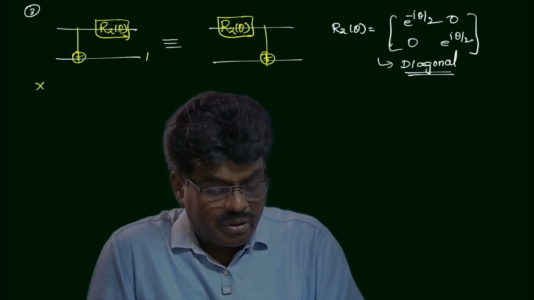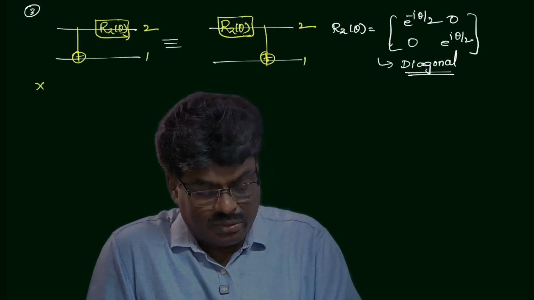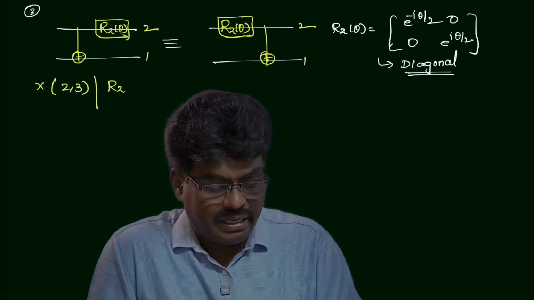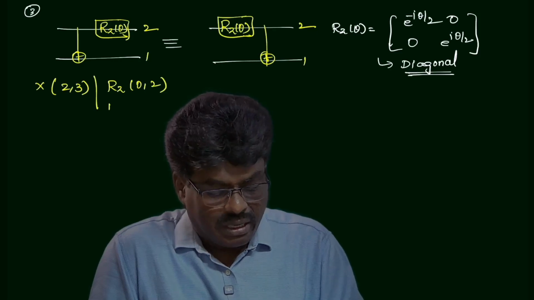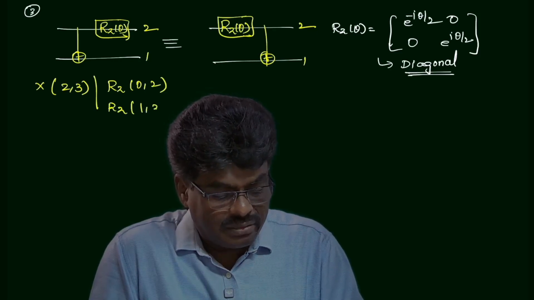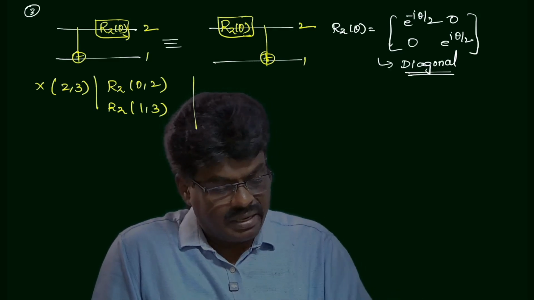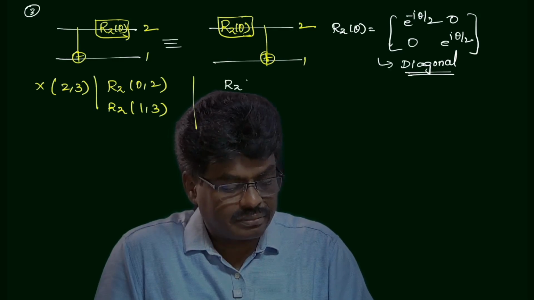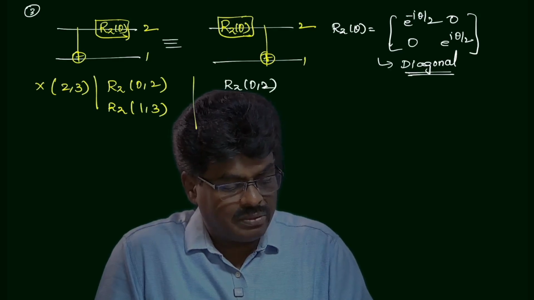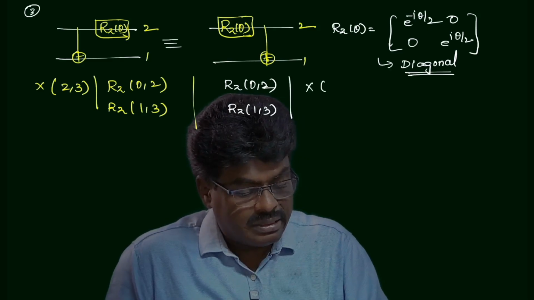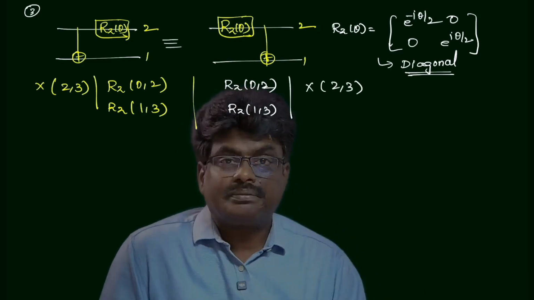So here we have 1 and 2, 1 and 2. First we have x 2 comma 3. Next we have rz 0 comma 2, and we have to add 1, 1 comma 3. Next here also, let me write initially rz of 0 comma 2, and this is x of 2 comma 3.